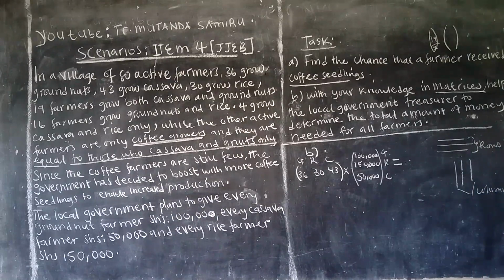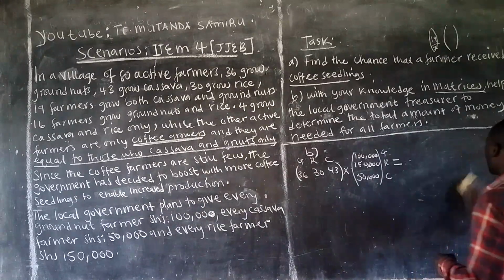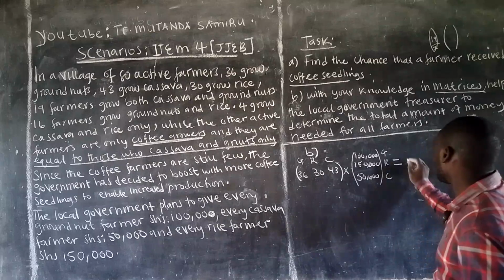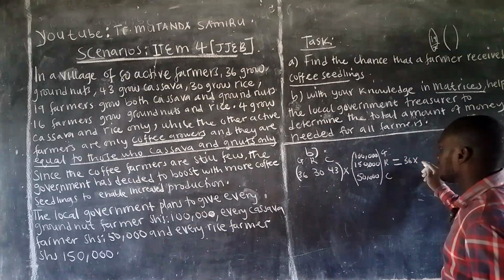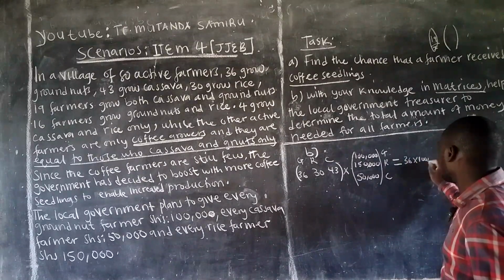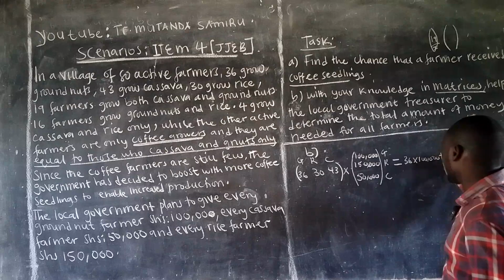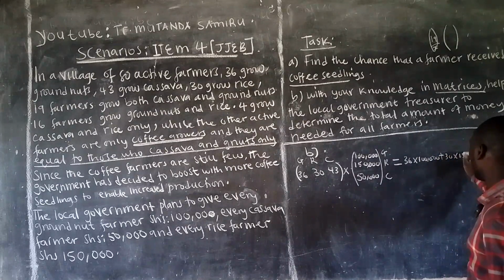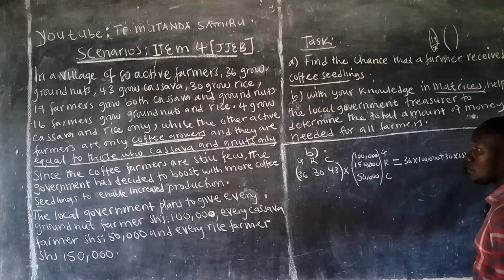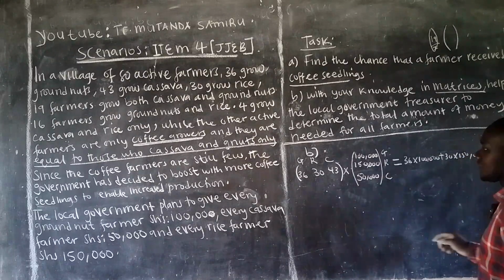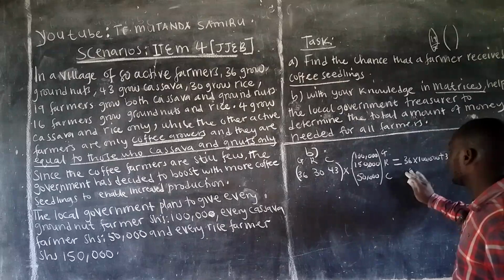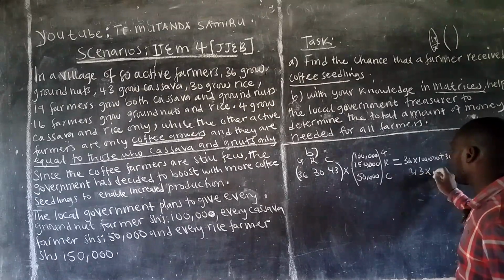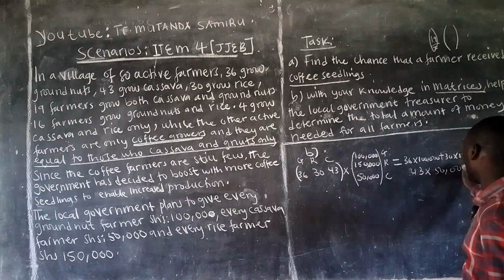So here our answers will be multiply. It will be 36 times 100,000 plus 30 times 150,000 plus 43 times 50,000.